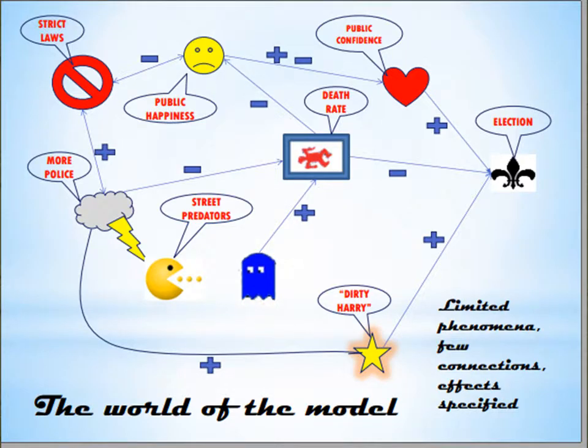Here's an example of a model that we've taken out of this real world of buzzing confusion that we noticed earlier. In this world, we've paid attention to certain kinds of things and certain kinds of relationships, and we suggest that certain things have effects on other things. But this is obviously out of the context of the much larger world of phenomena in general. In this particular case, the model suggests that public happiness can increase or decrease.